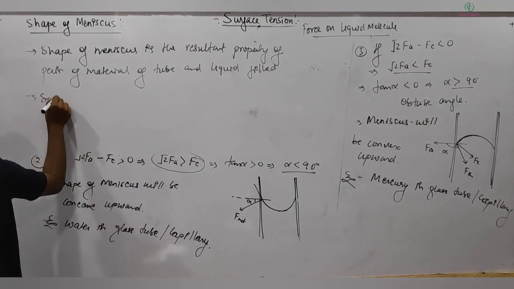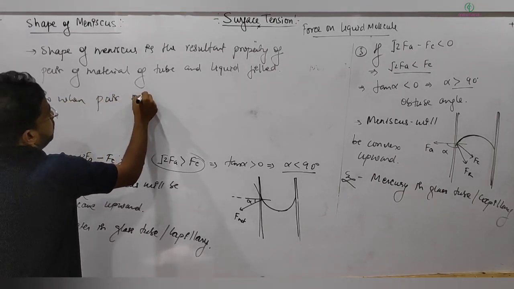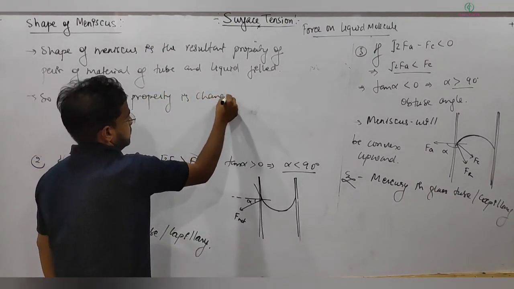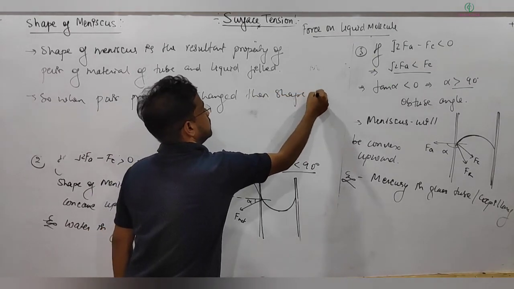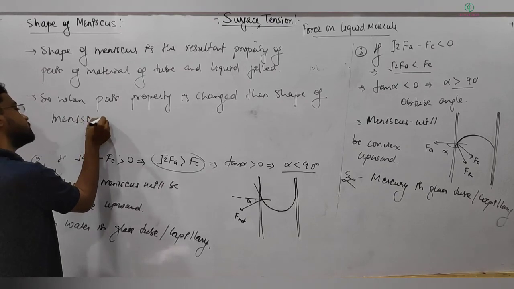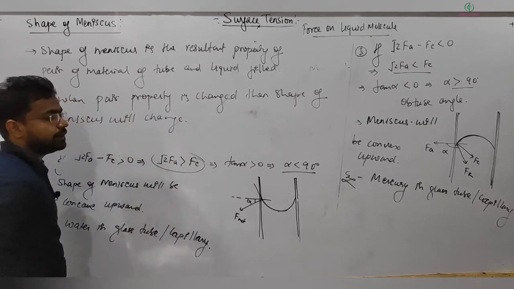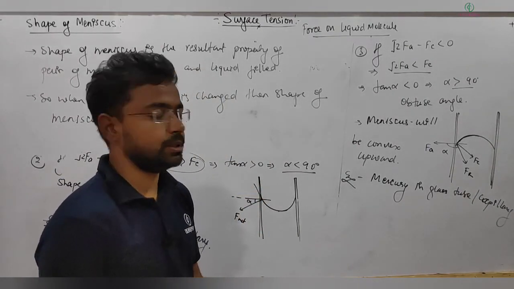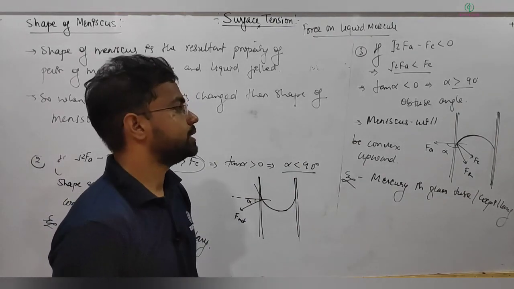So when the pair property is changed, then the shape of meniscus will change. I mean, if, let's say, mercury is filled in a glass tube, and you are filling mercury in another type of tube material, then also it will change.